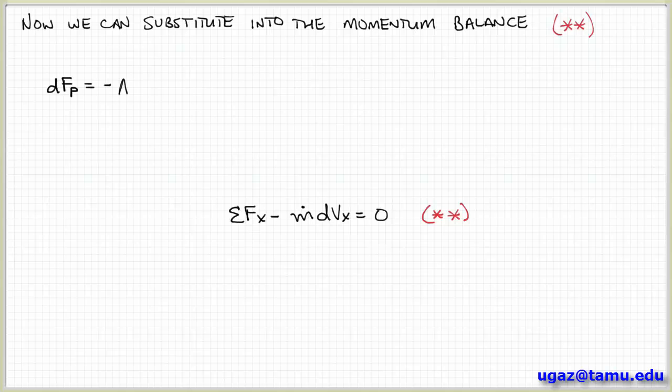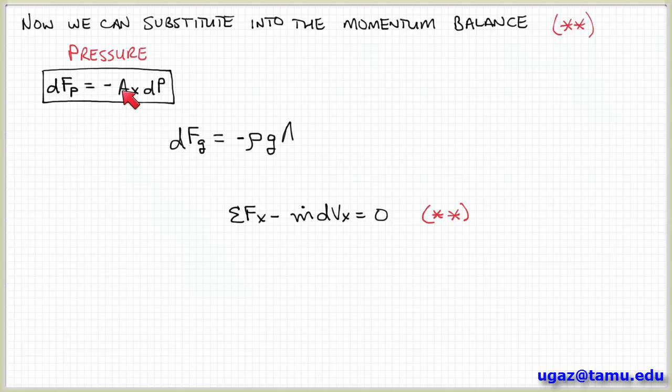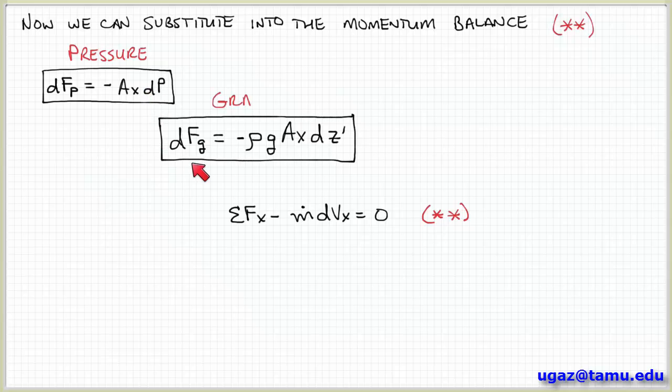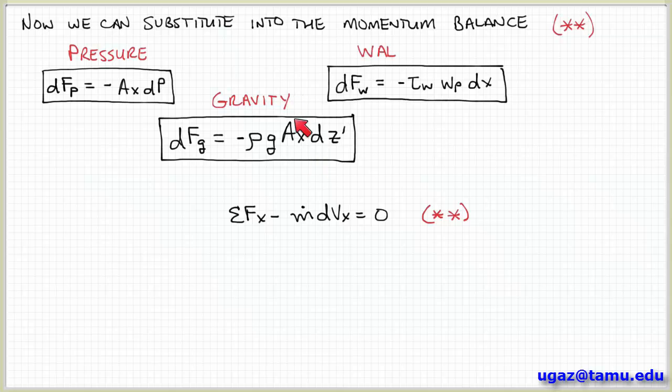So we looked at different kinds of forces. We looked at the pressure force, so the net pressure force acting on this system, minus the cross-sectional area times dp. The net gravity force, dF sub g, equal to minus rho g times the cross-sectional area times dz prime, where z prime represents the vertical direction.